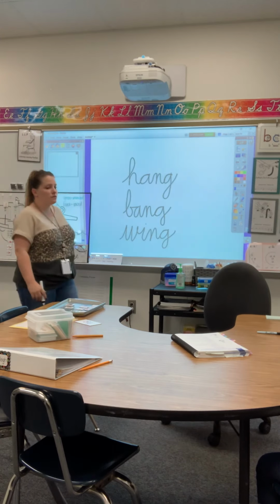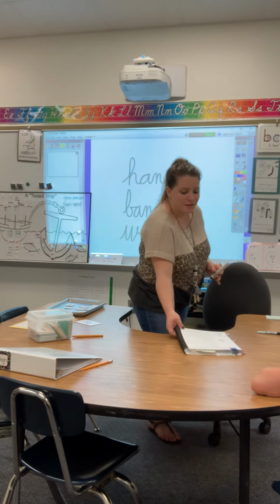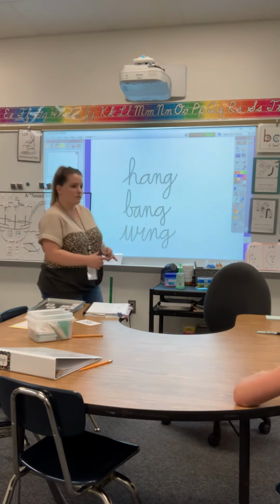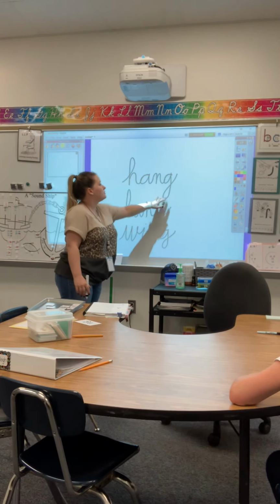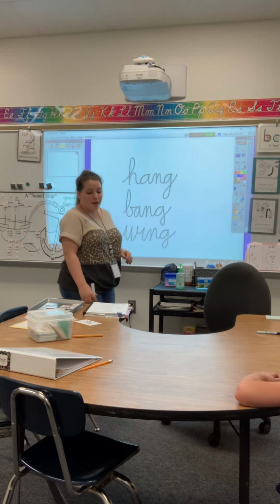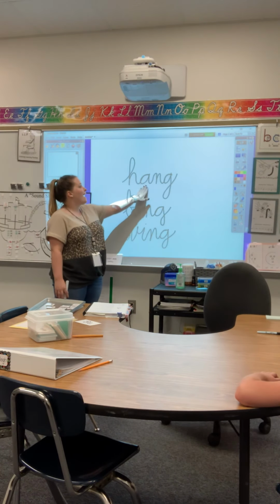What two letters do you see the same in each word? NG. How many letters do you see in each word? 1, 2, 3, 4. Correct. But if we unblend, how many sounds do you hear?